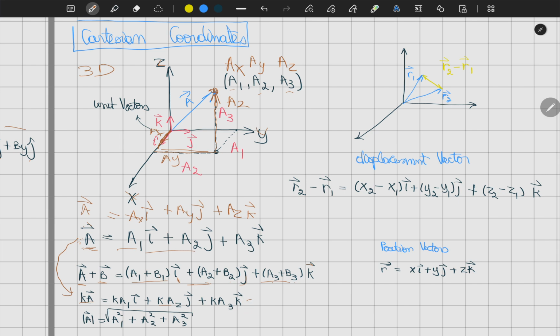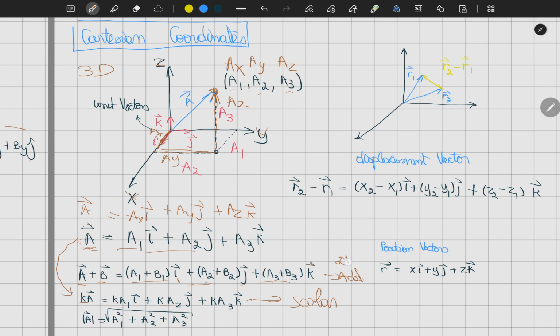This is what we call a scalar, and that K could be a number, 0, 1, 2, 3, 4, 5, depending on what you have, or a negative 2, negative 3.